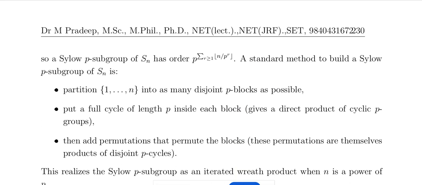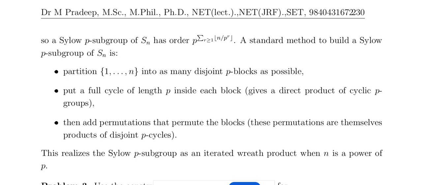The Sylow p subgroup of Sn has order p power summation n by p power r. This is very important, a standard method for the Sylow p subgroup of Sn.